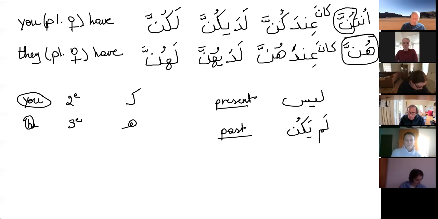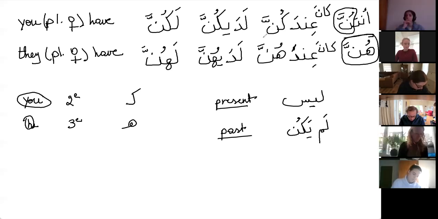Now I want to talk about why we have three and when to use which. Naila, I have a question. So lam yakun is the past of I did not have, written.